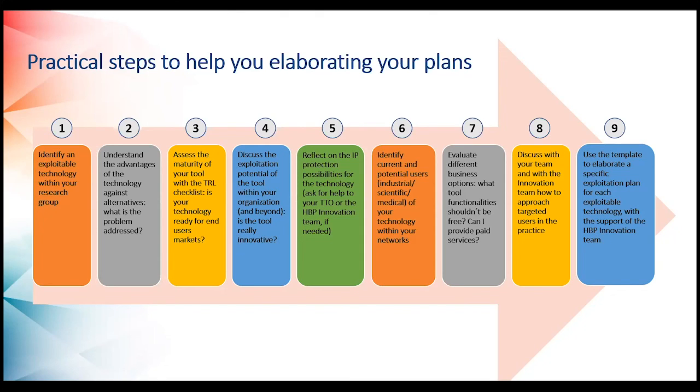Third point to take as an important message here. Take, for example, 2 or 3 weeks after you identify these technologies, and try to inform us about the kind of things on which you require complementary support in terms of market analysis. Don't hesitate to ask us for help in this sense.